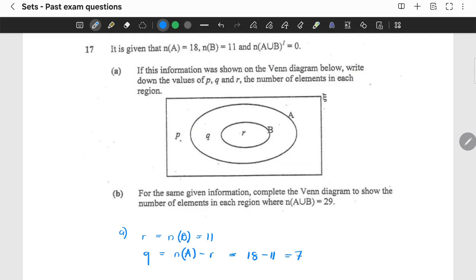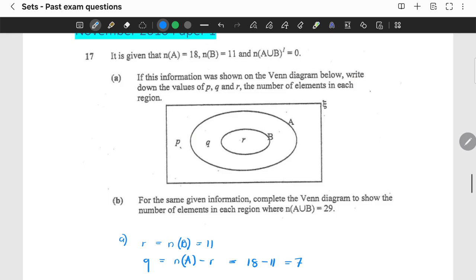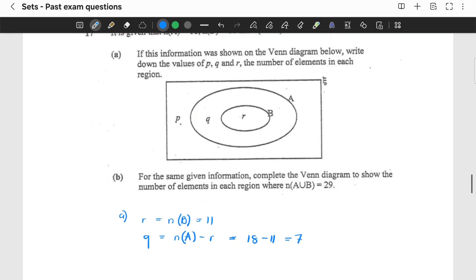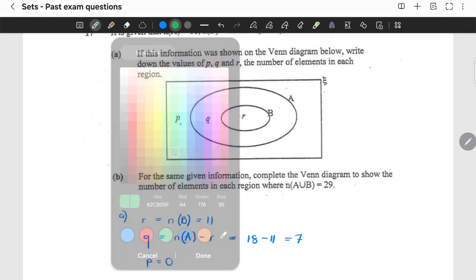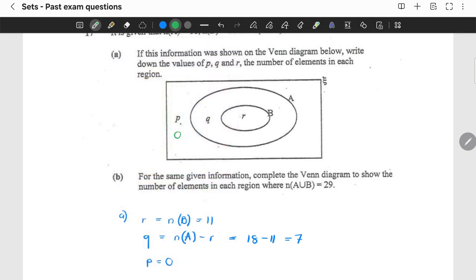That should be equal to 7. And then P, we are told that outside of A union B, complement is 0. So P is equal to 0. Writing that in green. So that will be 0. Q will be 7. R will be 11.